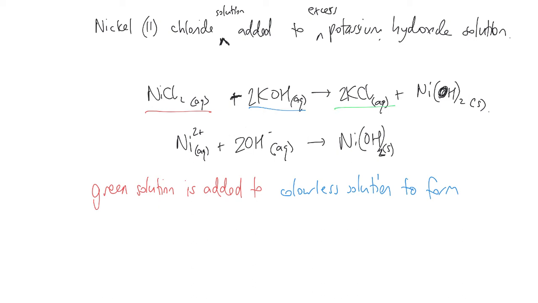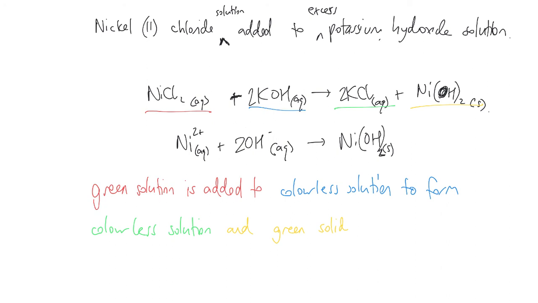White, incorrect. Colorless what? And? Not a white solid. What color is nickel hydroxide? Green solid. Does it matter what order? No. Right. Nickel hydroxide is green. Are we happy with that?